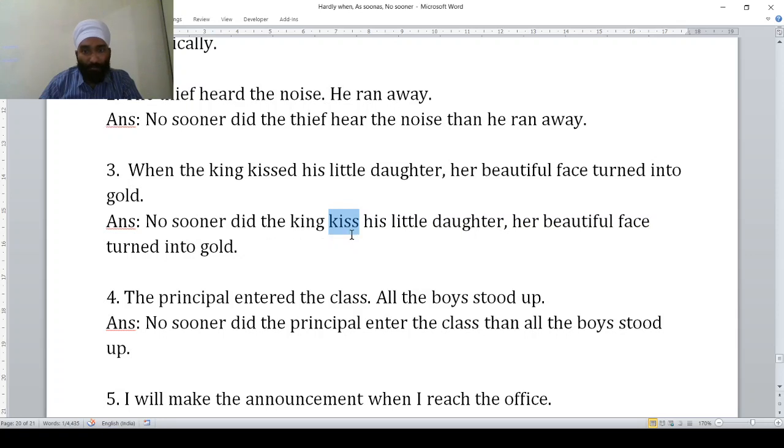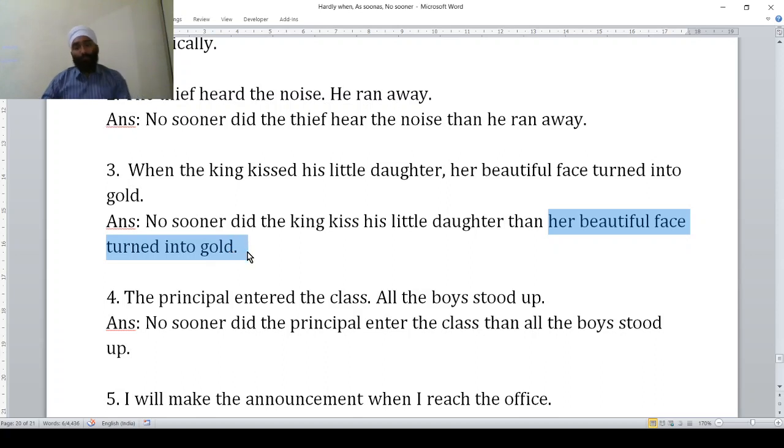So we remove the ed form. We don't use the ed form of the verb when we use did. This is why kiss his little daughter, comma. Sorry, here than should come. Than daughter than her beautiful face turned into gold. So this is how we have made the third sentence.